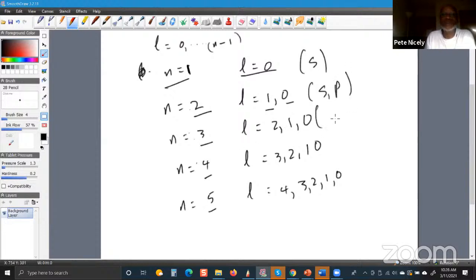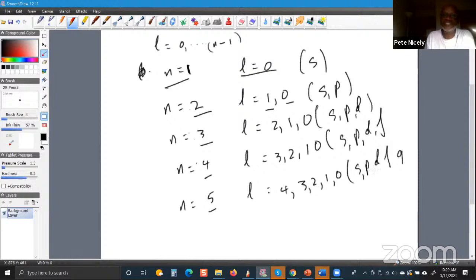If N is equal to 3, we're talking about S, P, and D subshells. If N is equal to 4, L is equal to 3, 2, 1, 0, so that corresponds to S, P, D, and F. And in the case of L equal 4, that will correspond to S, P, D, F, and G. All right, so those are the different designations for these corresponding L values, right?